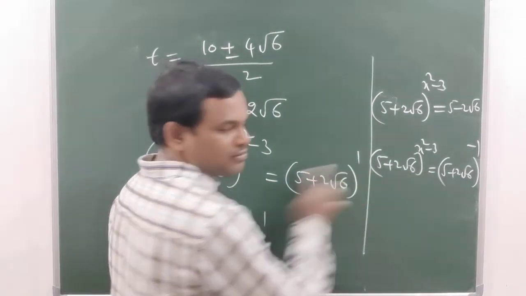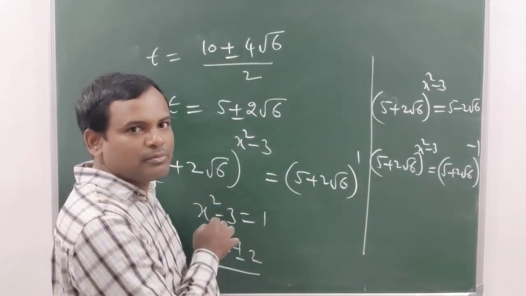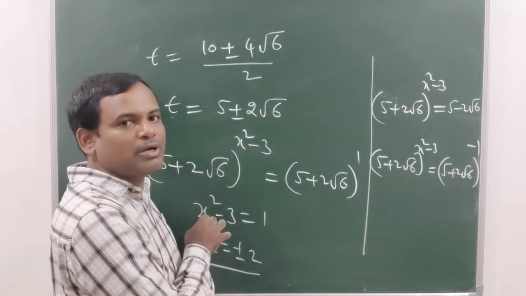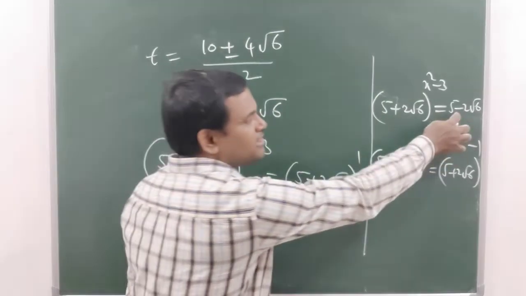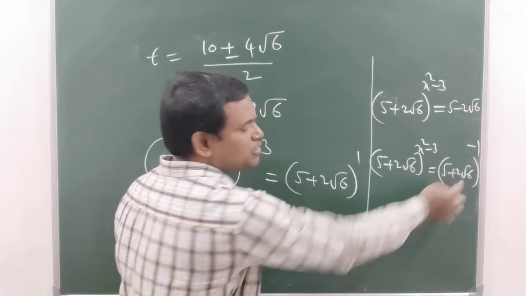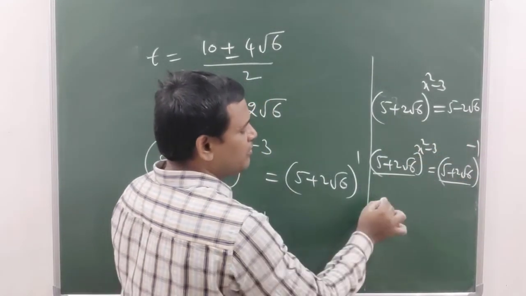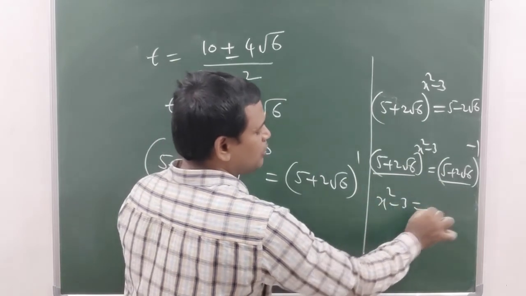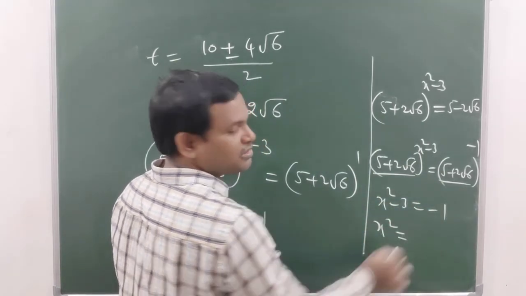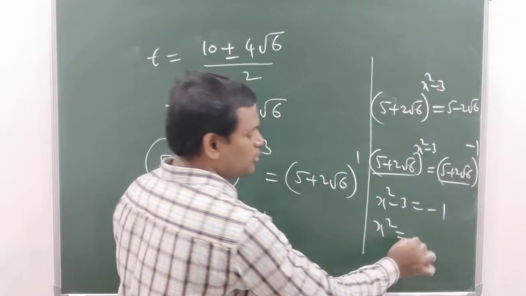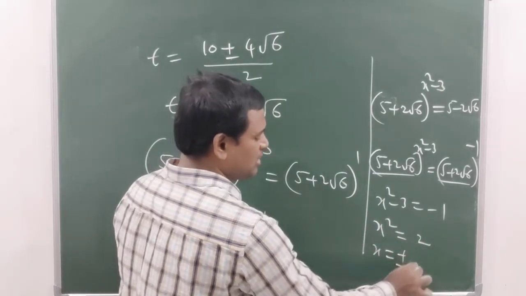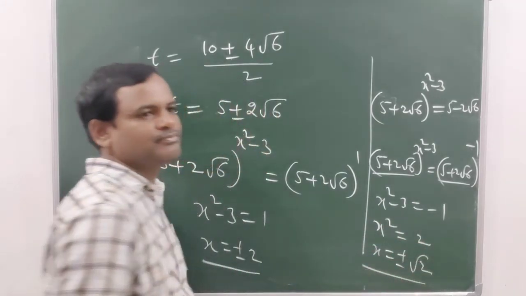So, yes or no? While starting this problem solution, we rationalized the numerator. We got this much now, (5 + 2√6)^(−1). Now we equate it. When you equate it, x² − 3 is equal to −1. Now x² is equal to 2. Now x equal to ±√2 you will get here.